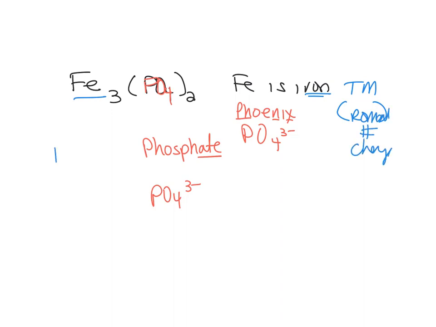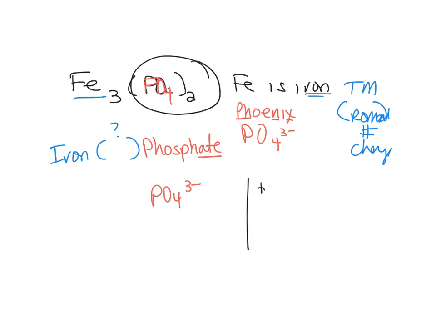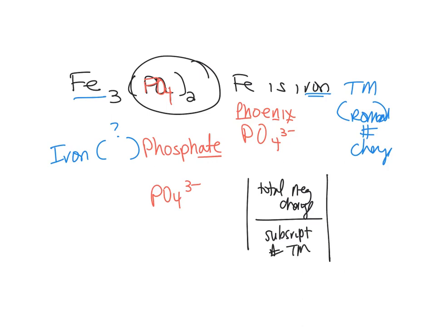So this is going to be iron, parentheses, and I don't know what that is yet. I have to figure out what is my total negative charge. So I'm going to do my total negative charge on top, and I'm going to divide by my subscript number of my transition metal. I'm going to take the absolute value of that. So if I have -3 and I have 2 of those, 2 times -3 is -6.